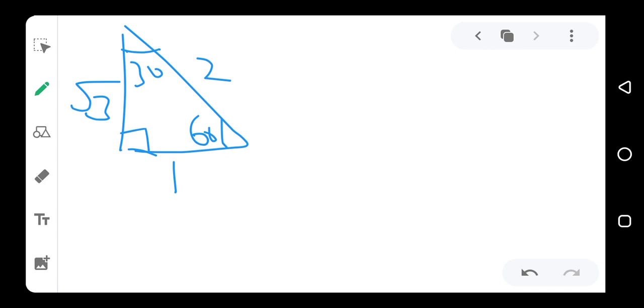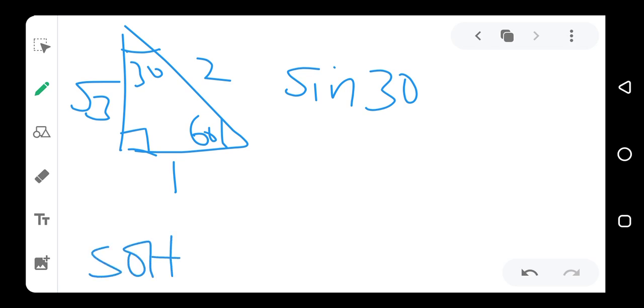So if we want to take angle 30 degrees, let's now look at the special angle sine 30. From this sine, using SOHCAHTOA, the trigonometric ratios.